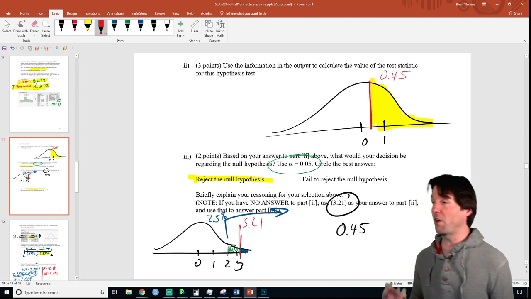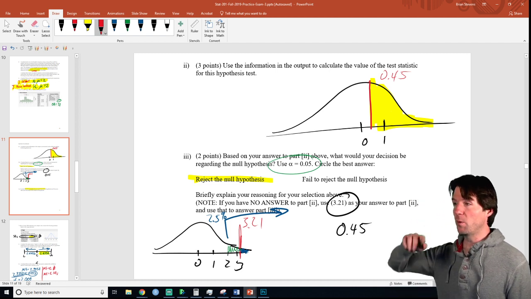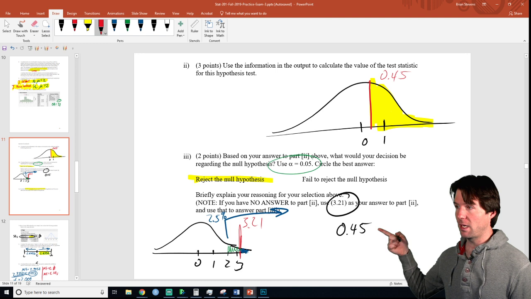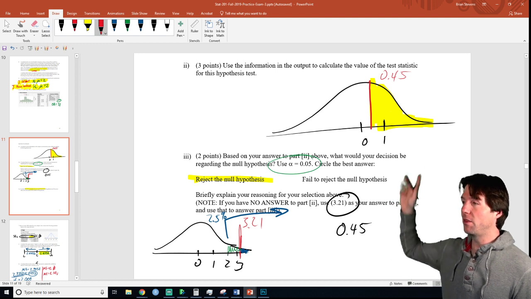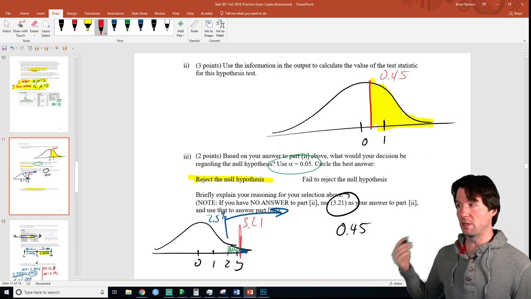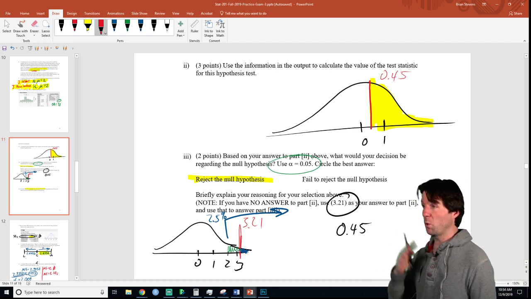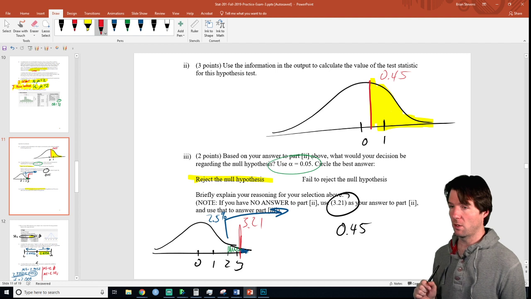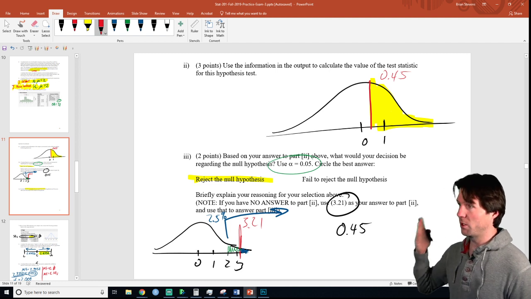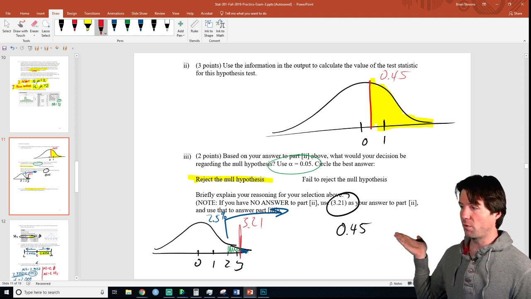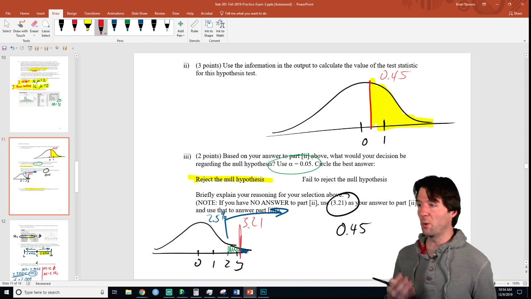And I think that's one of the fairest ways to do the question. If we were to give you a T of 0.45, then up here you would see that you would fail to reject the null. The t is very small, making the p-value very large. That is way more than 5% of the curve. So if this was what it gave you, you would definitely fail to reject the null. So I always support doing a drawing.